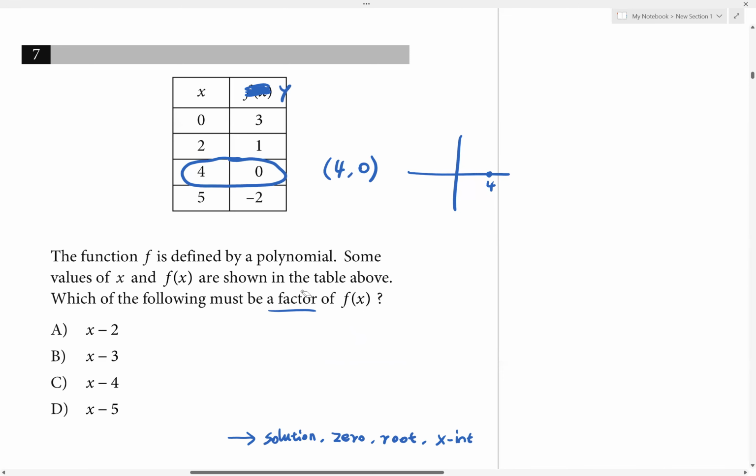If 4 is a 0, then the factor has to be x minus 4. The sign is always flipped. The 0 is a positive 4, and the factor form will be x minus 4. So C will be our answer for this question.